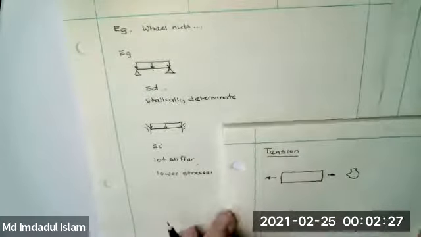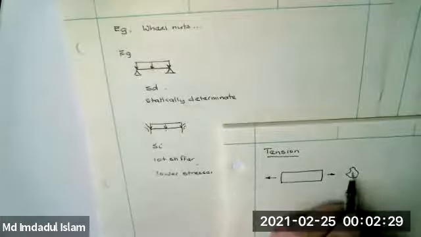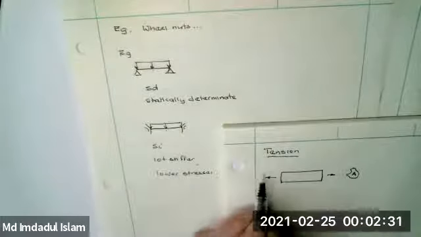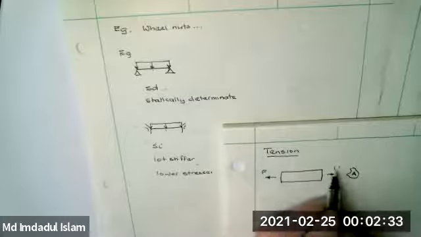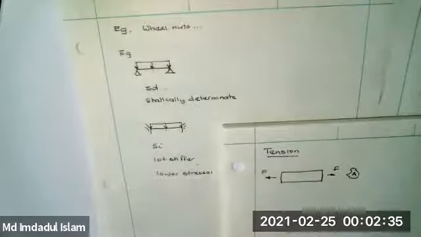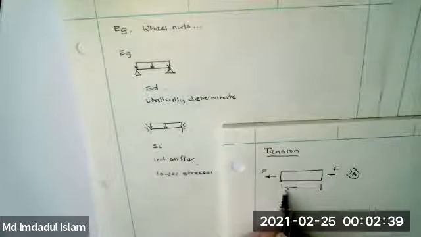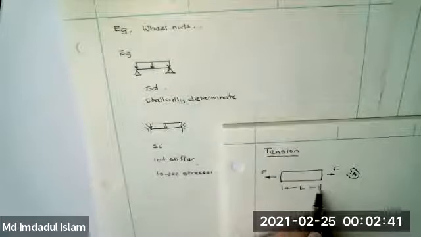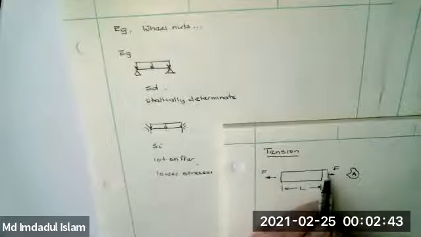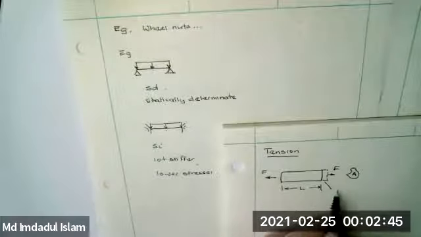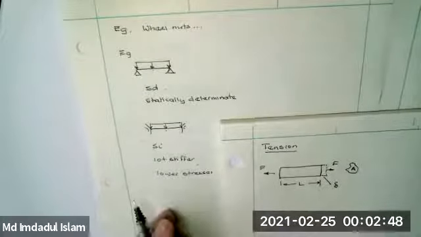Prismatic just means it has a constant cross-sectional area. If its initial length is L, then under the action of the load, it'll increase length by delta.